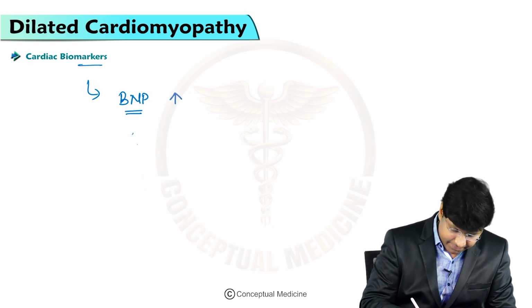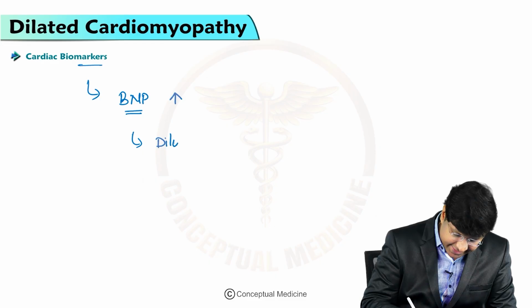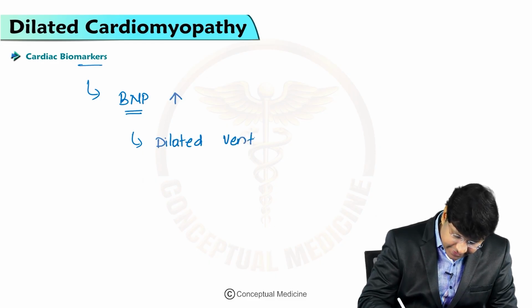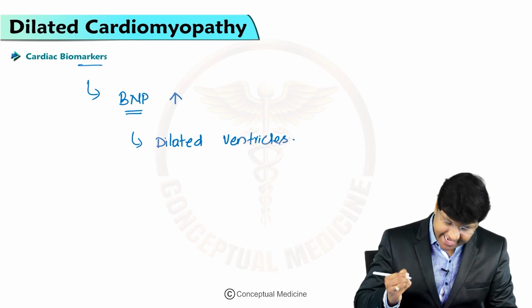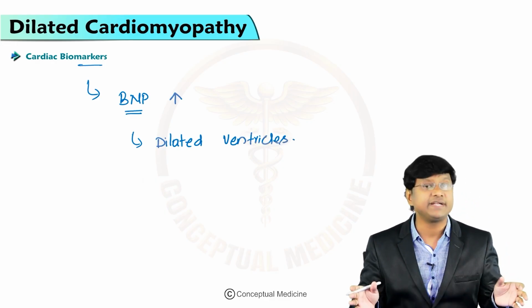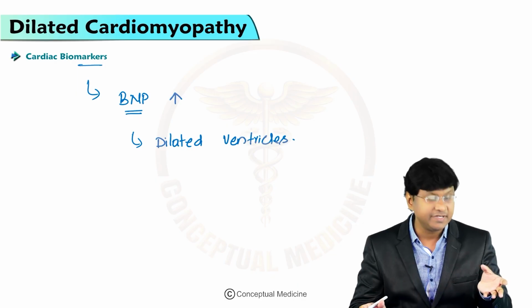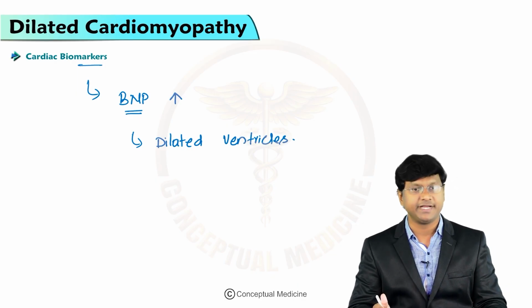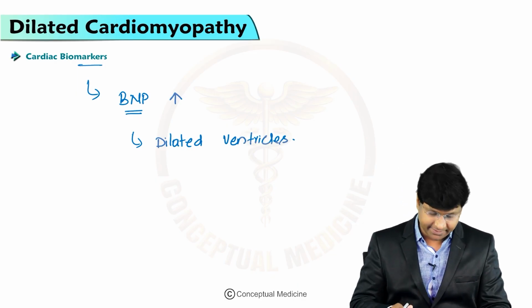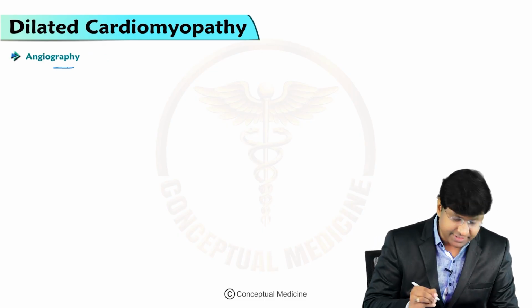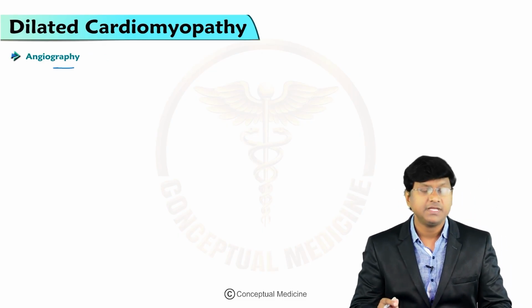And why is that? Because these individuals have the development of dilated ventricles, and because of the distended ventricles, they will release the brain natriuretic peptide into the circulation. Then the next important investigation is angiography.